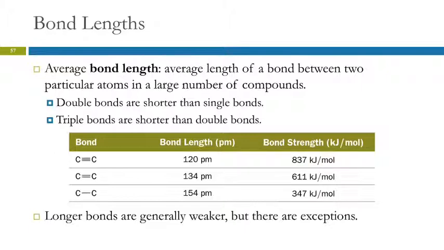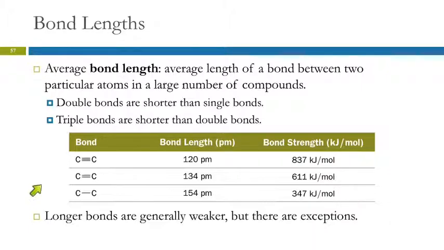So a bond length is the average length of a bond between two particular atoms in a large number of compounds. So just like the bond energies are slightly different in different compounds, the bond lengths will be slightly different, but we can look at an average, and that's usually all we need. We find that double bonds are shorter, triple bonds are even shorter.